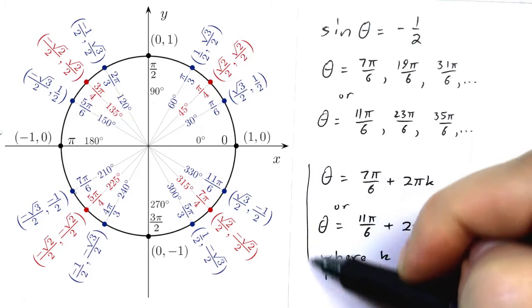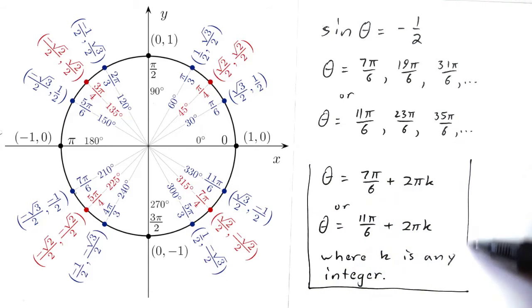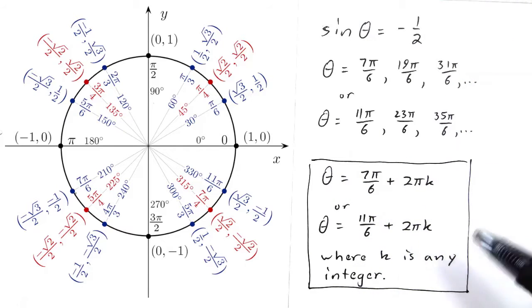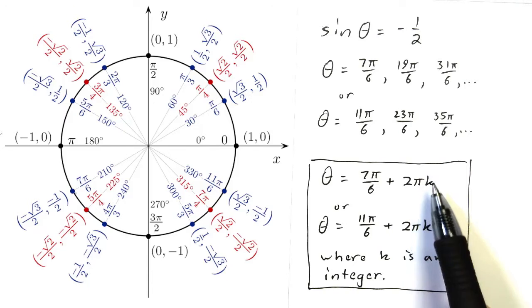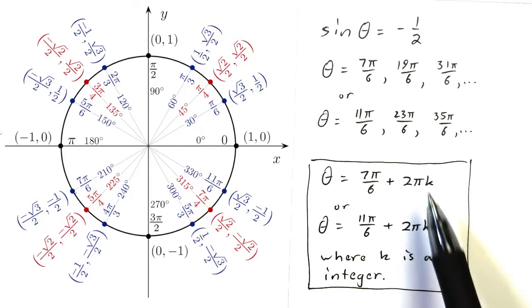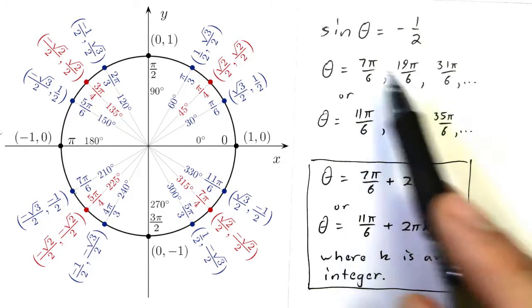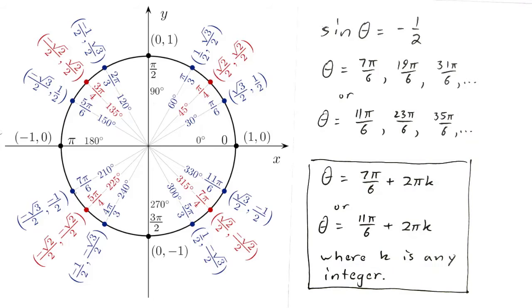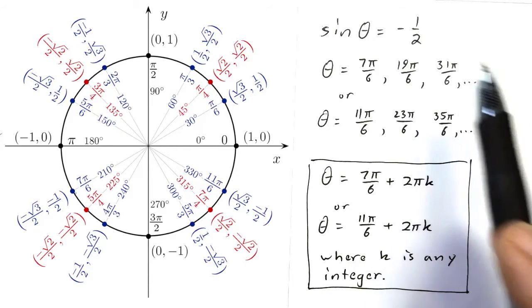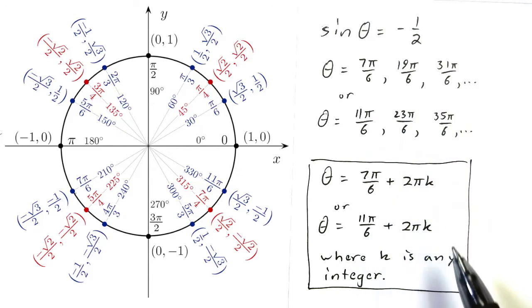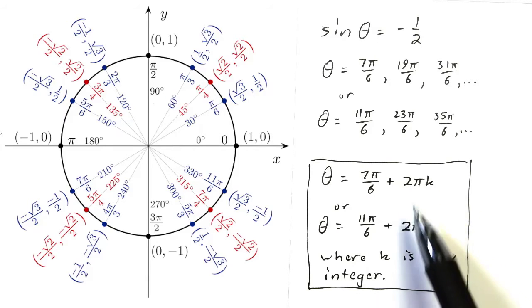And so these pair of formulas give us the solutions to this equation. Take any integer for k, and these will both be one of these numbers. And if you take any of these numbers, you will find an integer k so that it's one of these, right? So this really describes all possible solutions.